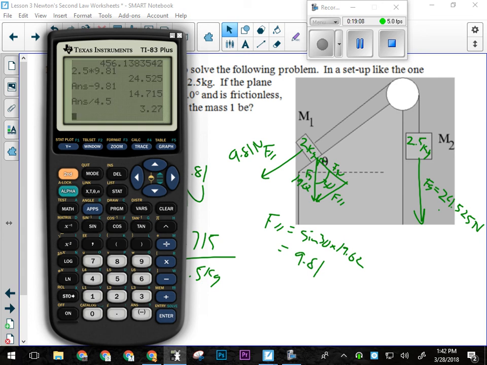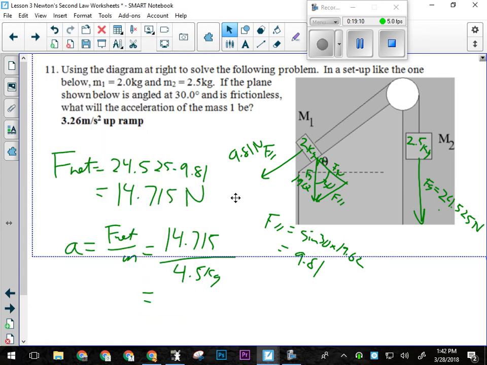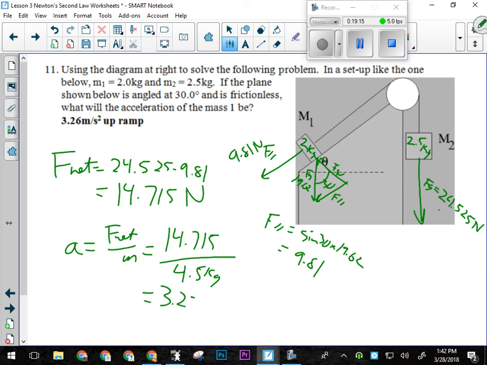The acceleration of the system is 3.27 meters per second squared. The question doesn't ask for the acceleration of the system, it asks about mass 1, so that would be up the ramp.